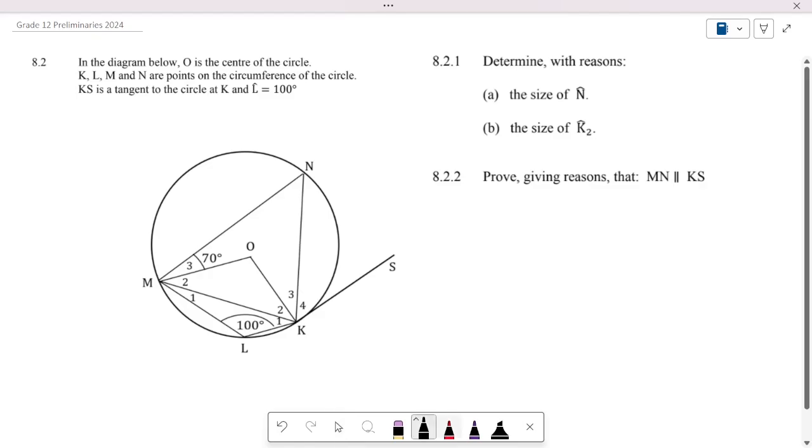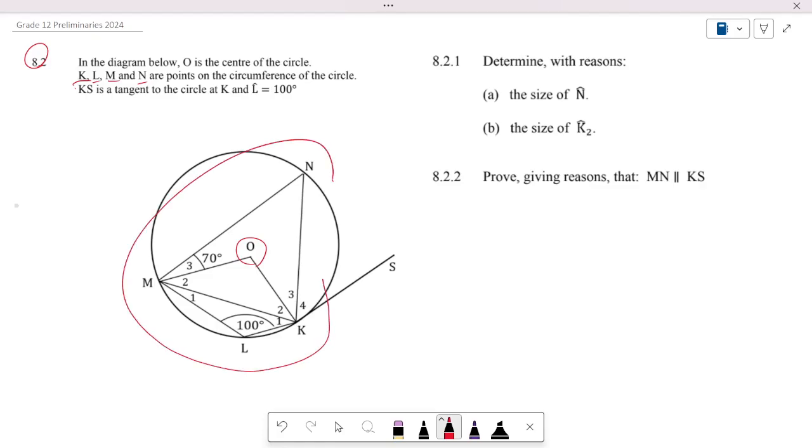Okay, so 8.2 says the following. In the diagram below, O is the center of the circle. K, L, M, and N are points on the circumference of the circle. Which means, because we have 4 points on the circumference that line up together to make a quadrilateral, we can call that our cyclic quad.